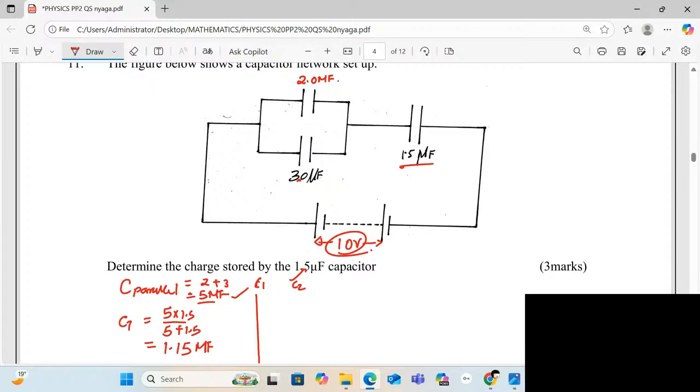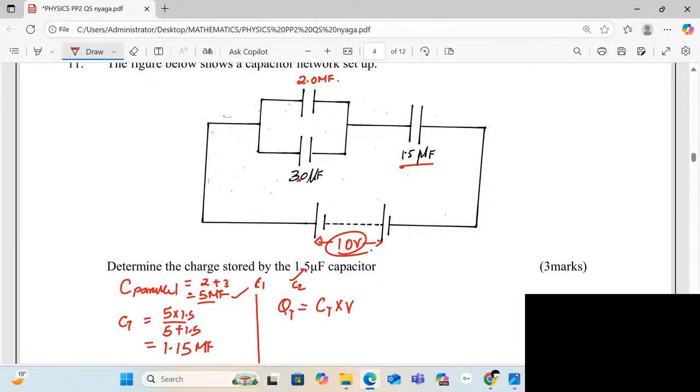Then in our next step, we understand that the total charge is given by total capacitance times total voltage.